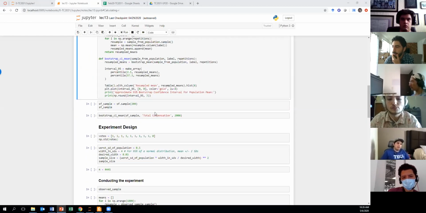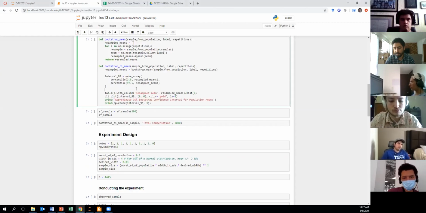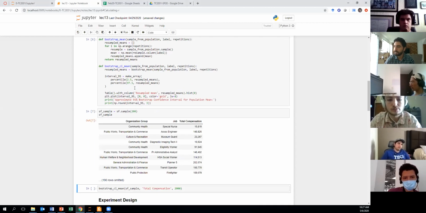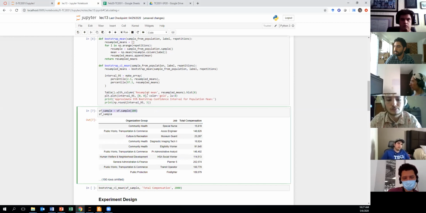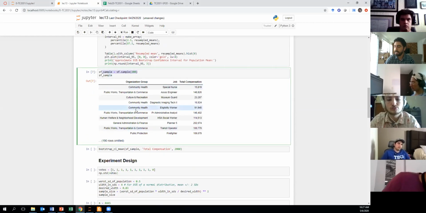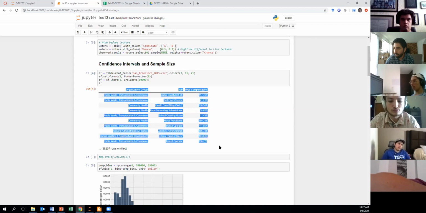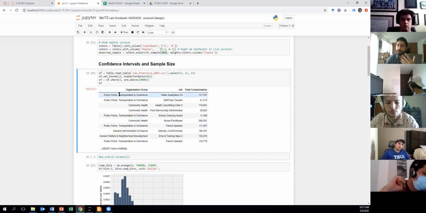I'm going to use these two functions that we defined before to calculate the bootstrap means and then see their confidence interval. So if I take 200 samples from my population, the point to pay attention to is that I'm assuming this is my population, but I assume I don't have it.